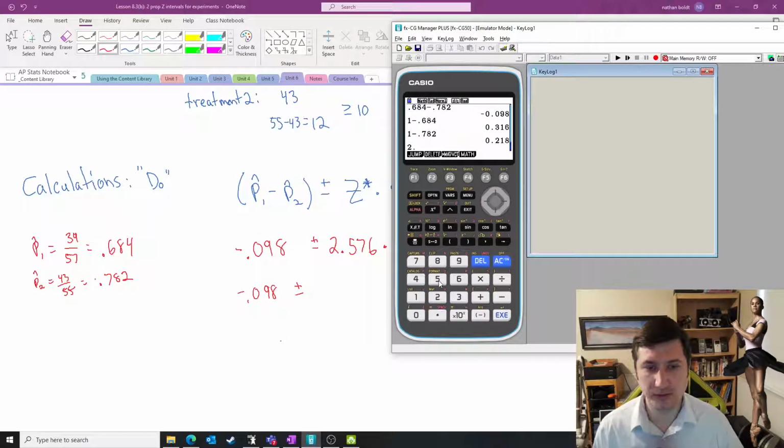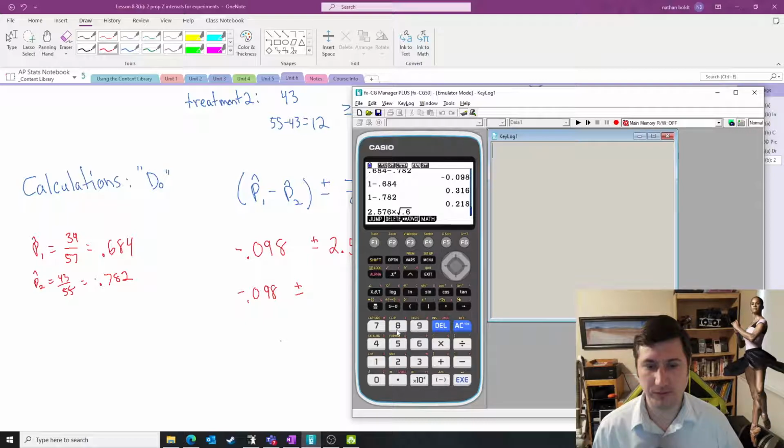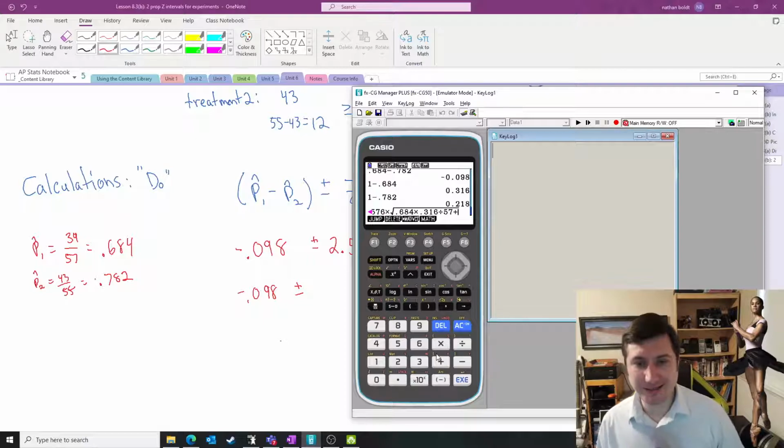So 2.576 times the square root of 0.684 times 0.316 divided by 57. Plus, I should be okay here with the order of operations because these two fractions are separated by the plus sign.